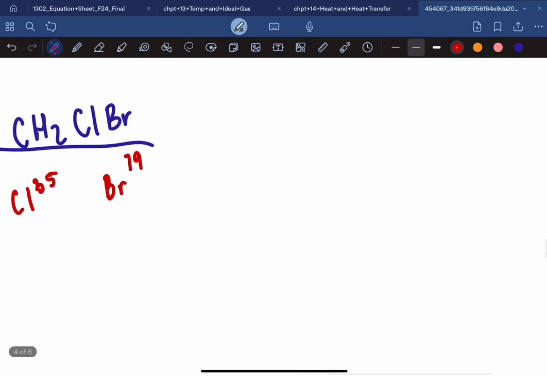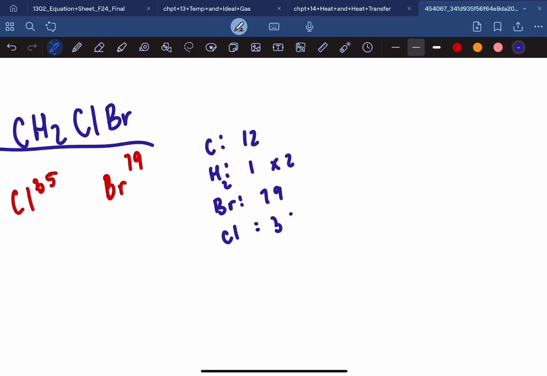So then all we have to do is total our masses. We have a carbon, which is 12, a hydrogen, which is 1, and there are 2 of them. We have a Br, and we're using the 79. And we have a chlorine, and we're using the 35. When you total up these masses, you'll get 128.